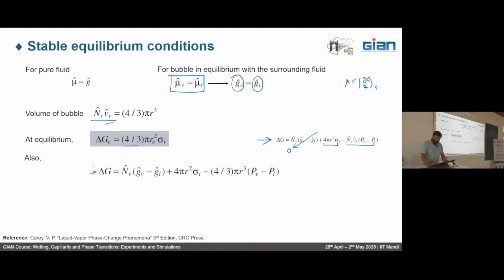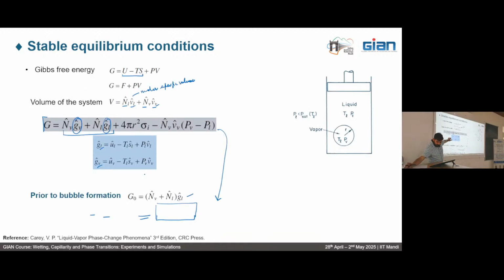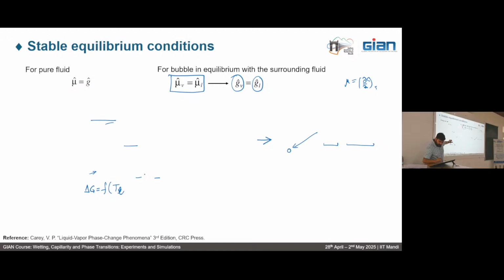From this expression, what you see is on what variables ΔG depends. So ΔG is of course a function of G_V and G_L, and G_V is a function of T_V, and of course T_V is equal to T_L, and one more term I believe, P_L.